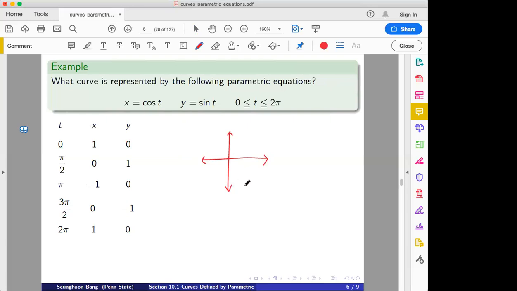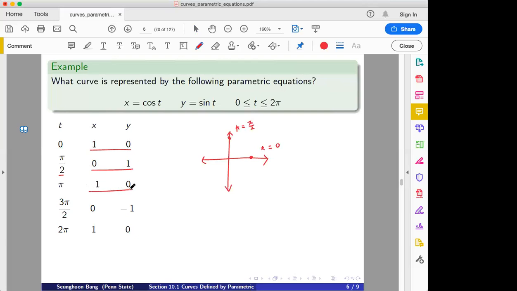So what's that? We have 1, 0. This is t equals 0. Here, 0, 1, t equals pi over 2.